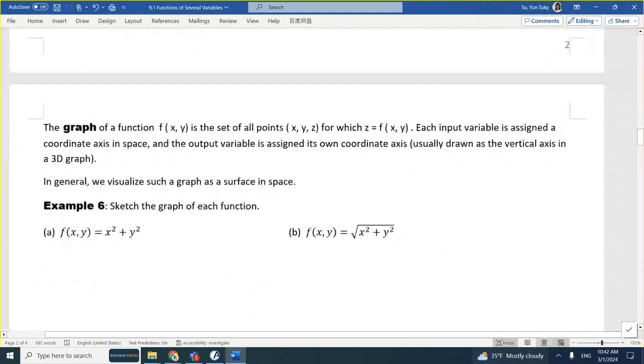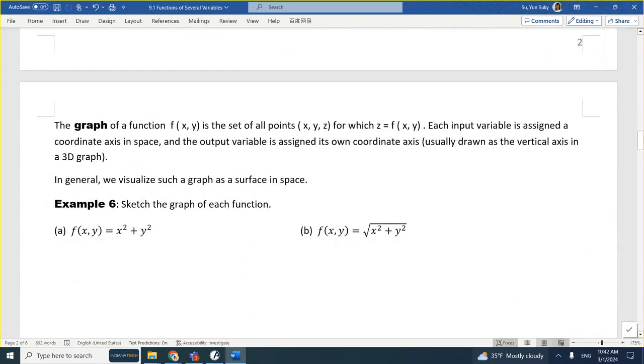The graph. Now the graph of a function f of x, y is the set of all points (x, y, z) for which z equals f of x, y. Each input variable is assigned a coordinate axis in space, and the output variable is assigned its own coordinate. Usually we draw the z-axis as the vertical axis, and then your xy is on the horizontal xy plane, and the z up there.